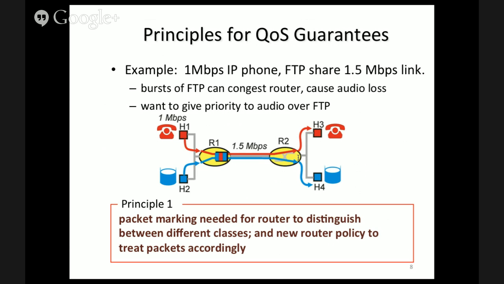So we need to mark packets to add something which allow the routers along the path to distinguish them and potentially to treat them differently. And where do we need to do it? Well, we actually want to do it at the moment where the packets enter the core network, what are called edge routers. Plus, of course, once we have the packet marked, we want the routers to treat them differently. But we will see this in the next class.